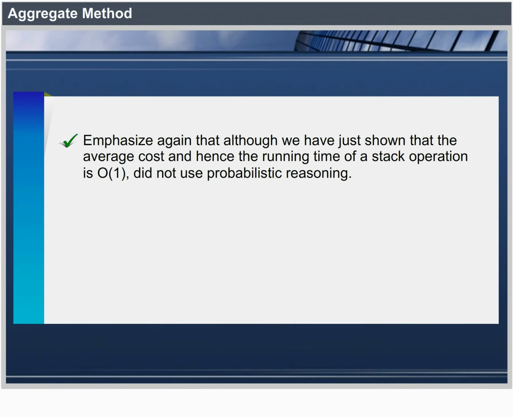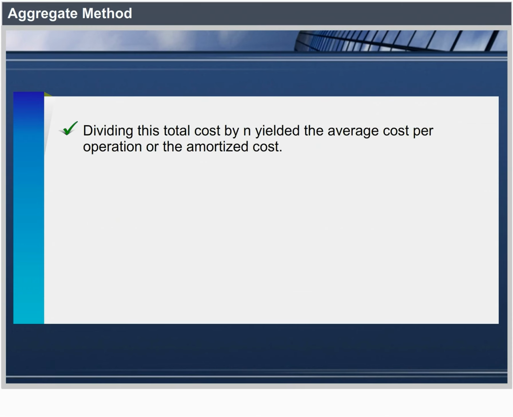We emphasize again that although we have just shown that the average cost, and hence the running time, of a stack operation is big O of 1, we did not use probabilistic reasoning. We established a worst case bound of big O of n on a sequence of n operations. Dividing this total cost by n yielded the average cost per operation, or the amortized cost.